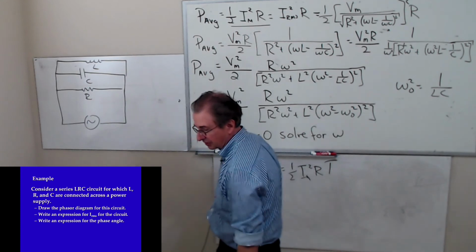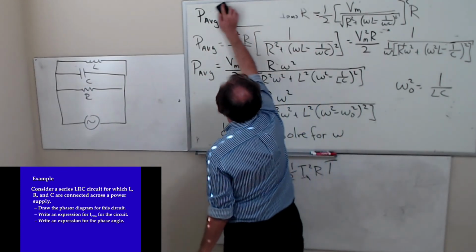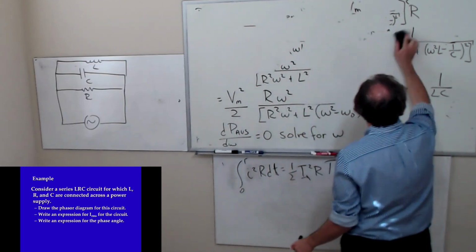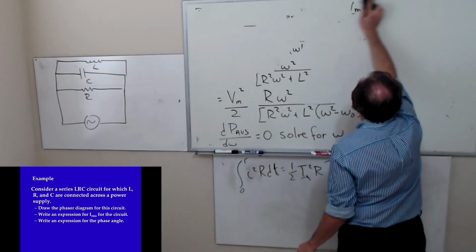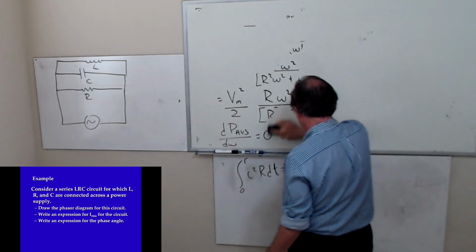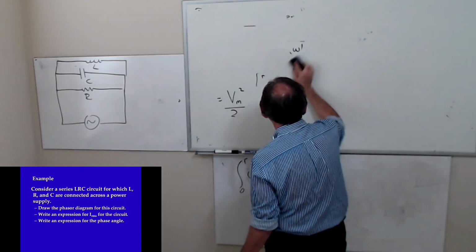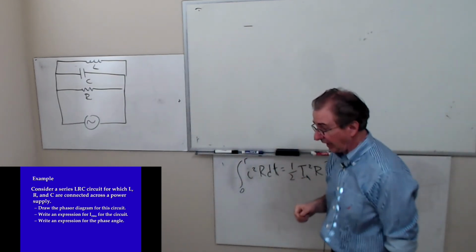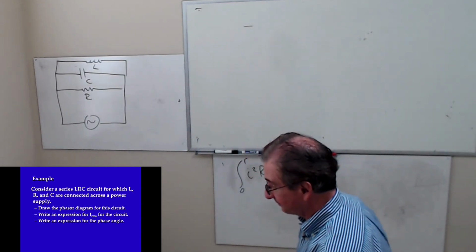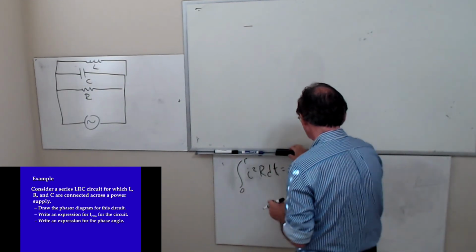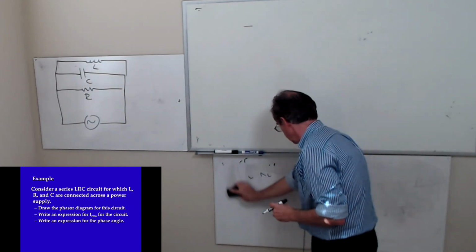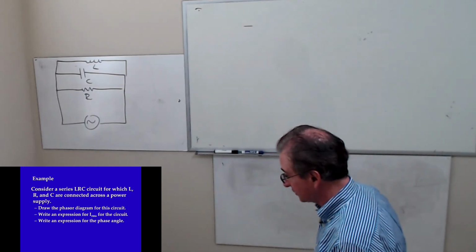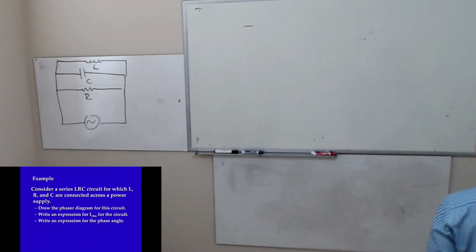How do I analyze that circuit? Every component is hooked across the power supply. I have to draw a phasor diagram. I know that the voltage across each element is going to be the same.